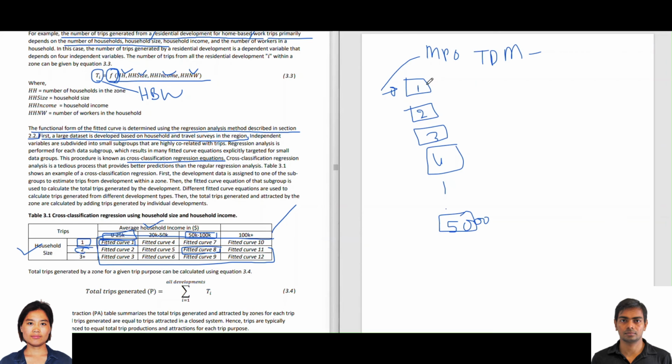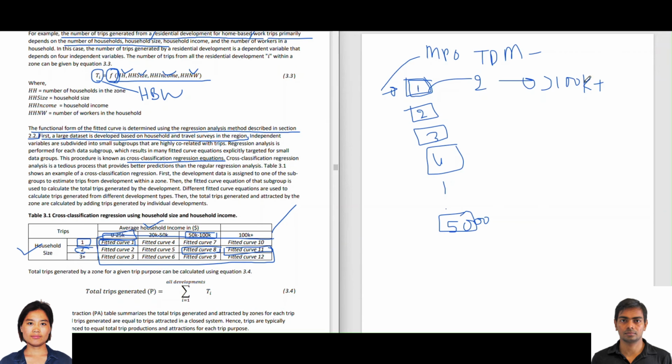So then we look at the characteristics of each zone and try to see under which fitted curve it goes. So let's say household size for this one is 2, and let's say income of this household is greater than 100,000. Then we will use fitted curve number 11, which is here.